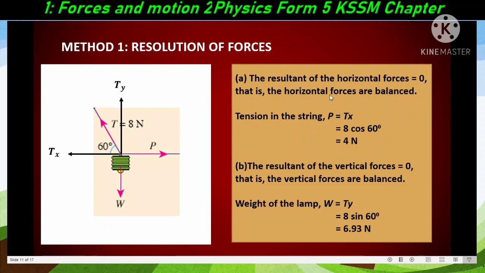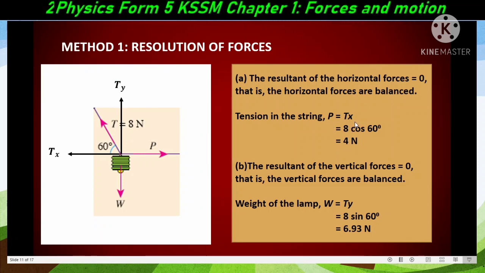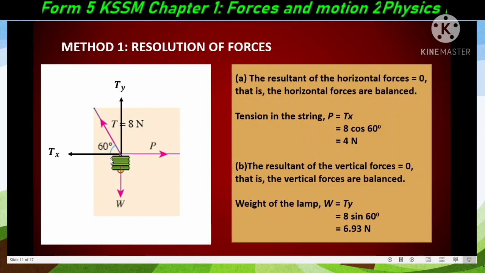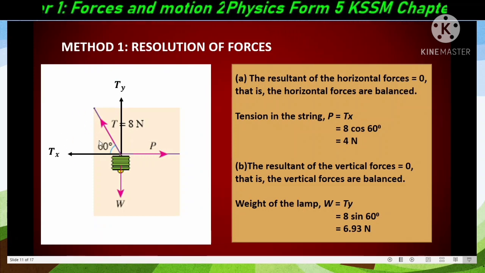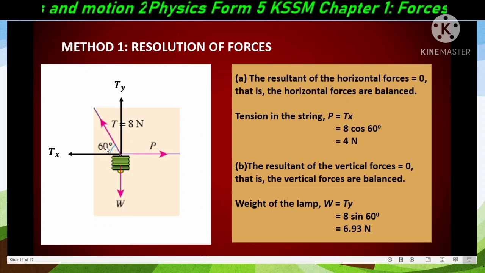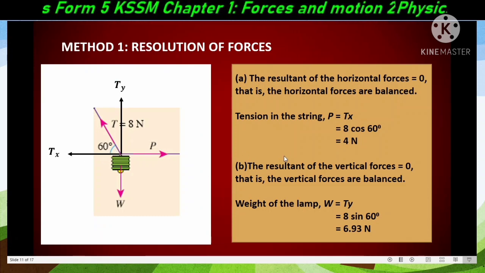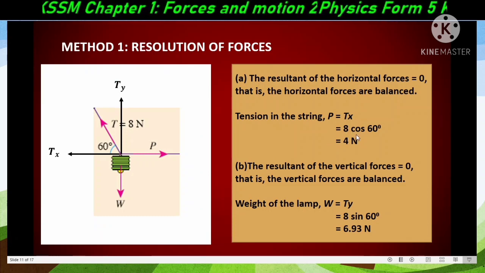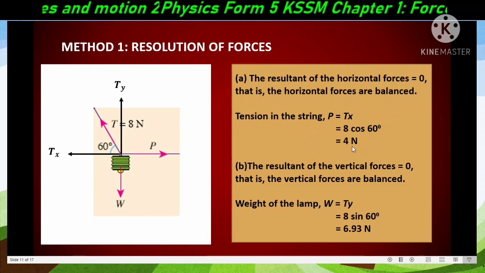That is, the horizontal forces are balanced. Thus, P equals Tx. How to find Tx? I hope you still remember how we resolve the force. By using this angle 60, the horizontal component Tx equals 8 cos 60, and this equals 4 Newton.